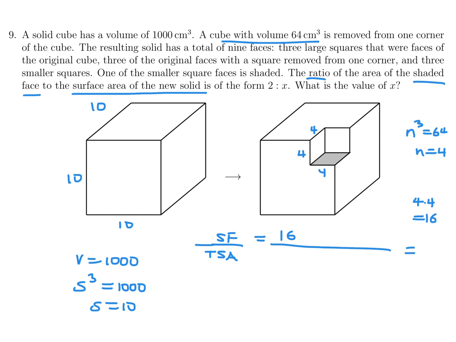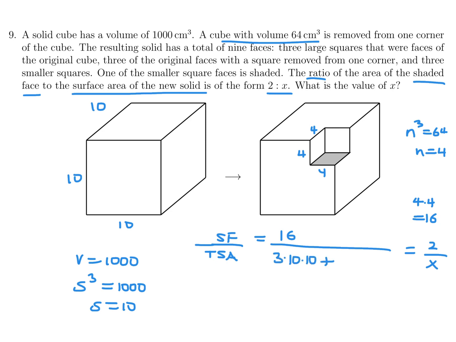And then the total surface area is going to take a little bit of work, but they're telling me that the ratio is 2 over x. So let's talk about the total surface area. You have the 3 faces that were untouched that we don't see, on the other side. So that's 3 10 by 10 squares.